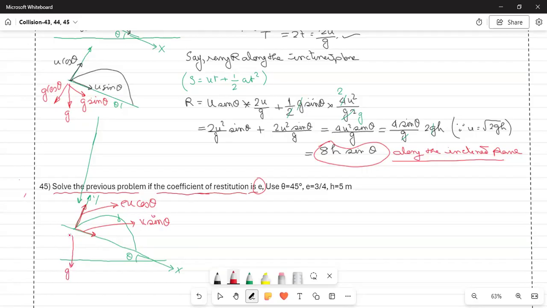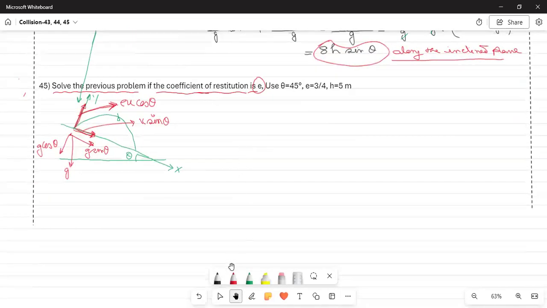And the components of g remain the same. This is g, and the normal component is g cos theta, and the horizontal component is g sin theta. So it is the same problem. The only thing which has changed is the y-axis component velocity is now e u cos theta instead of simply u cos theta. So we now try to solve the problem in the same way.